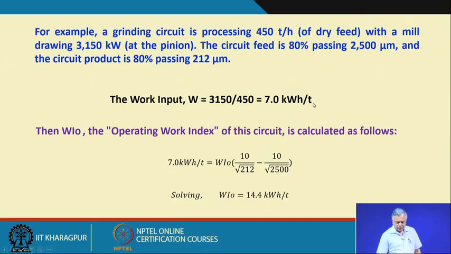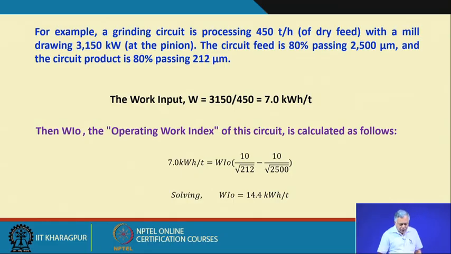So, per ton of material ground from that feed size to that particular size, it is consuming 7 kilowatt hour. Now, there is a term called WIO, which stands for operating work index.